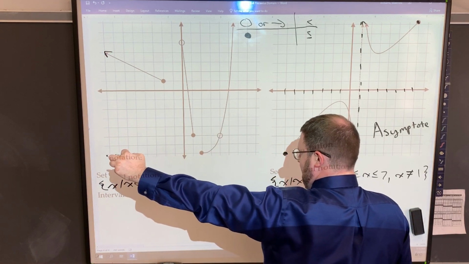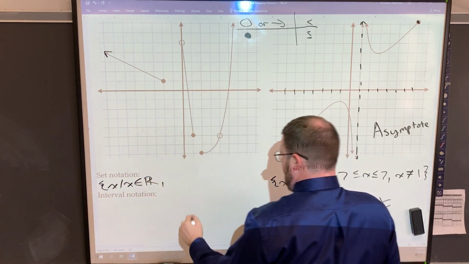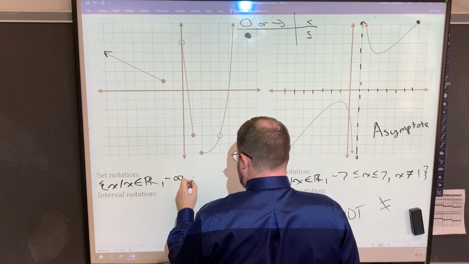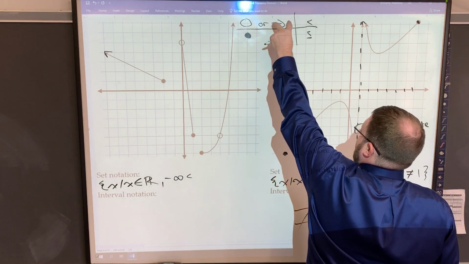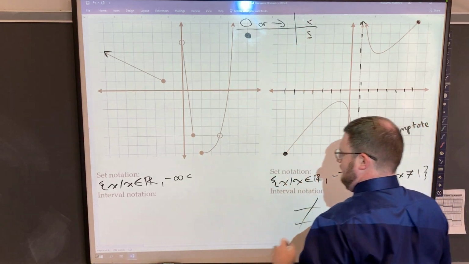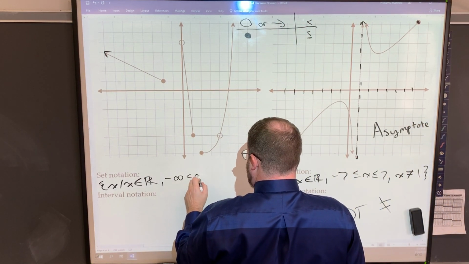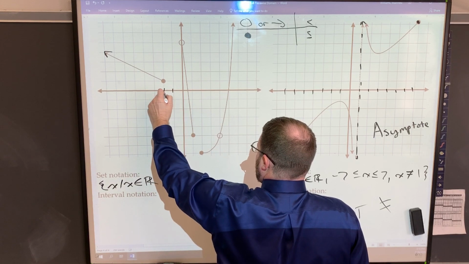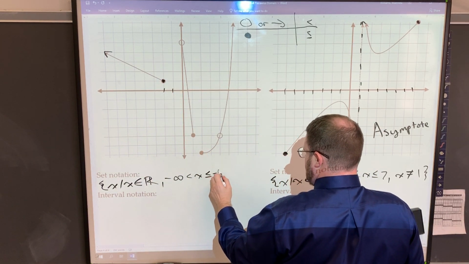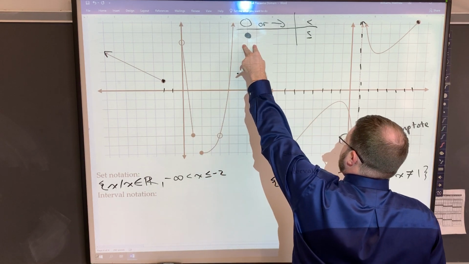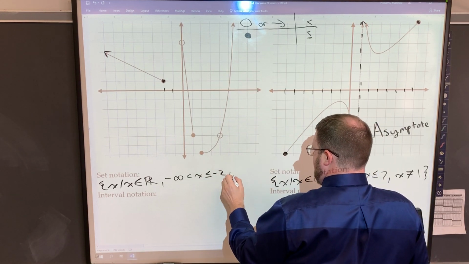Going toward the left is negative, and going forever is infinity, so negative infinity. Less than, you can never reach infinity. That's why right here I have that the arrow is less than, not less than or equal to. Less than x. And we're going to right here. That's 2 to the left, so less than or equal to -2. The equal to bar is because it's a closed dot, it actually hits it.